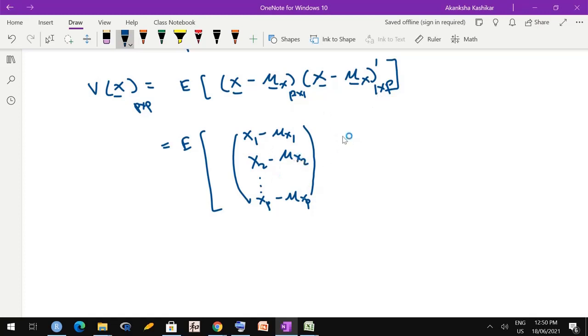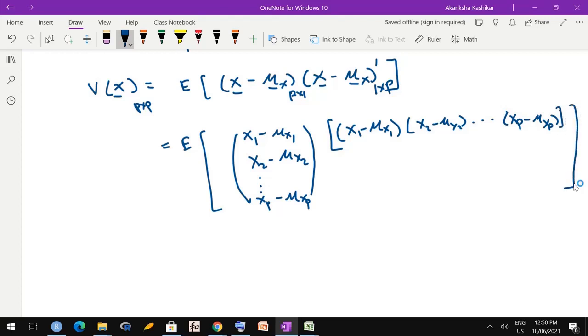Okay, and this would become x1 minus mu x1, x2 minus mu x2, I need one more bracket here, up to xp minus mu xp. Is it okay?